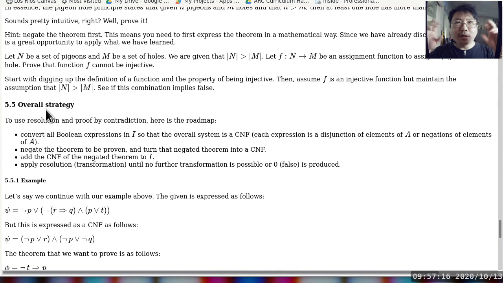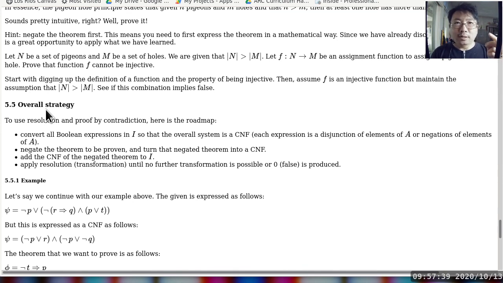Every way of applying resolution to all the different terms inside the CNF is already done. We cannot resolve to any new term that we have not seen yet, and yet false or 0 is not one of those things inside this particular CNF. So you would arrive at one of these two end states.